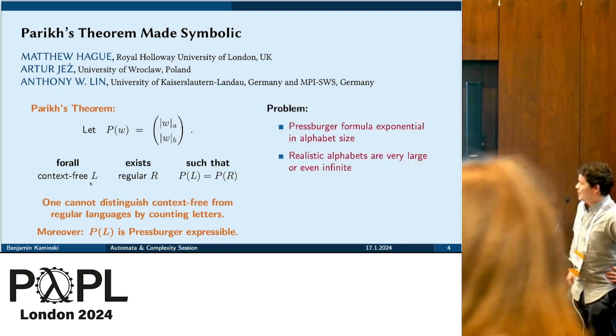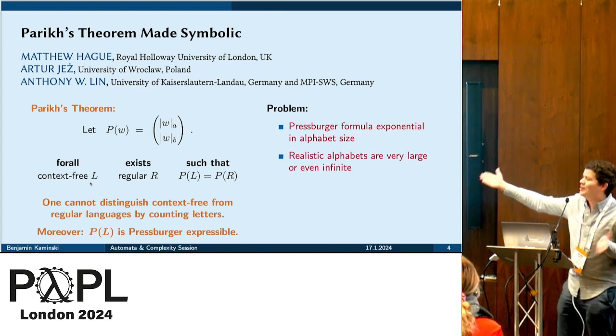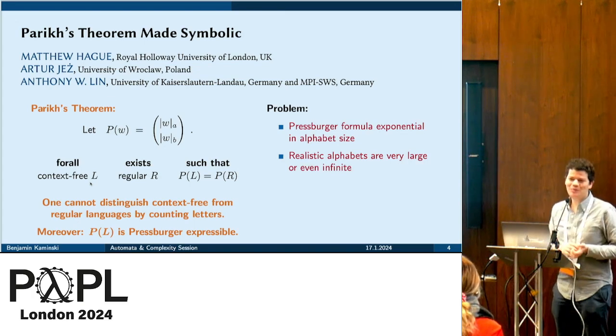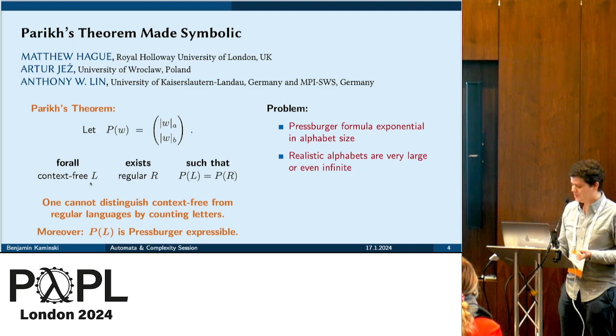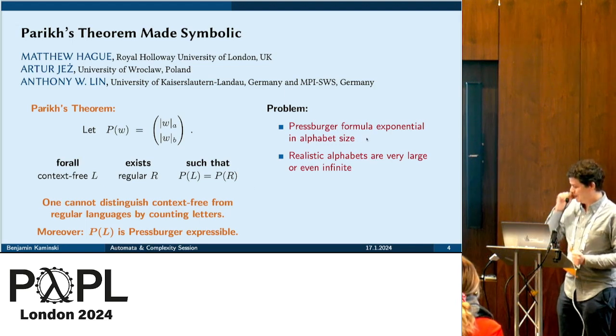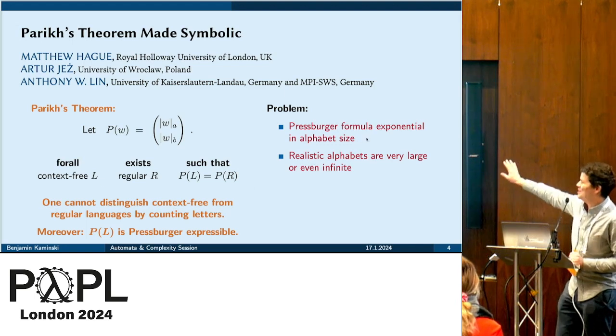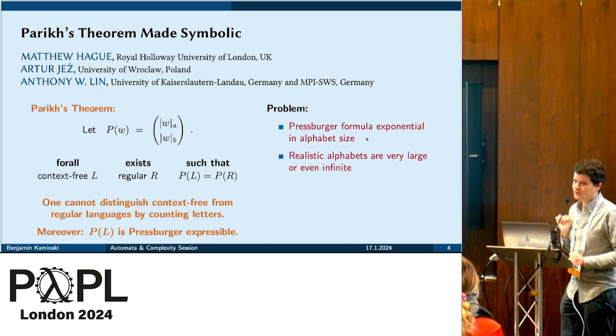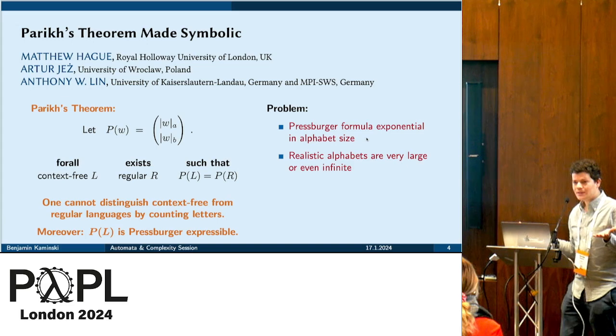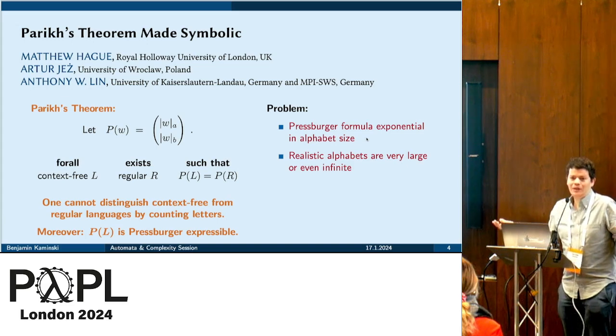And now there's a problem. So this is apparently very useful in program verification, but the problem is the Presburger formula, or the checking, I'm not entirely sure, is exponential in the alphabet size. But in reality, these alphabet sizes, like if you take UTF-8 or 16, the alphabet is huge.